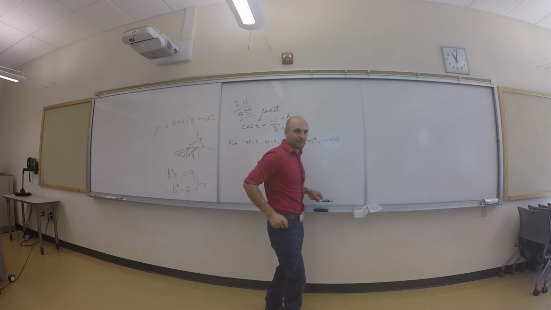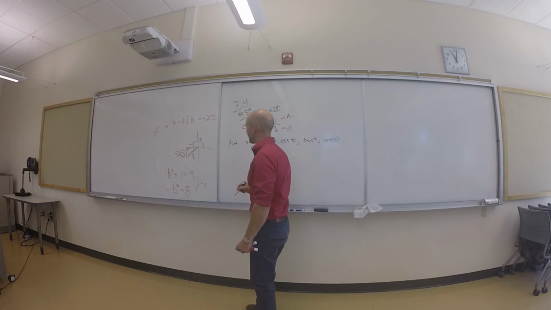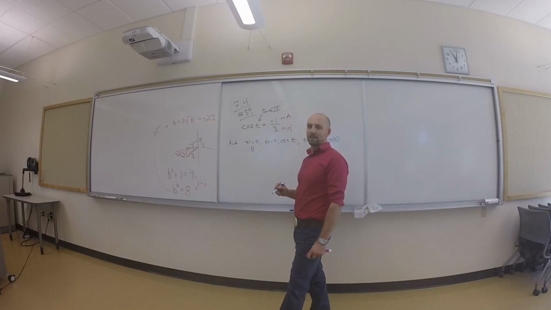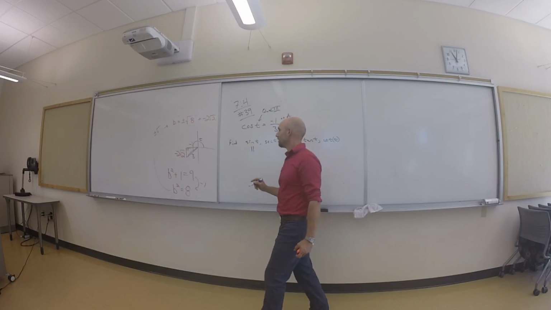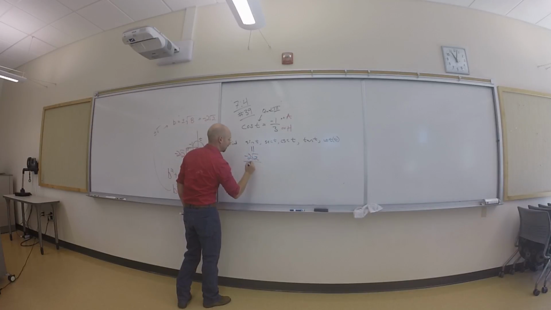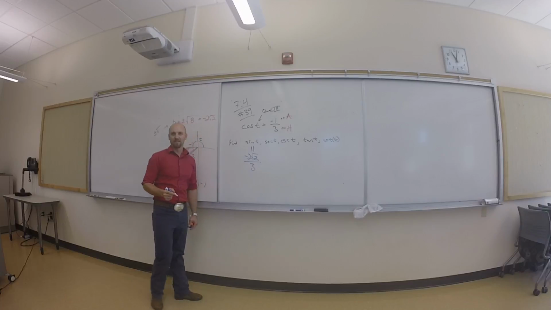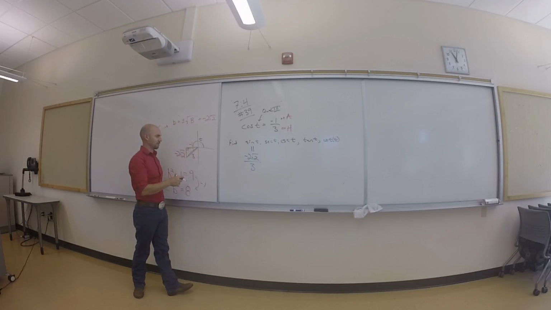So sine is what? Sine's the opposite over the hypotenuse, so it's -2 root 2 over 3.